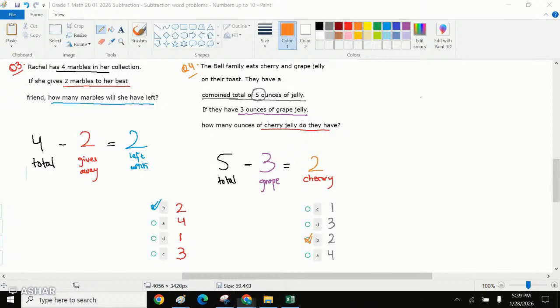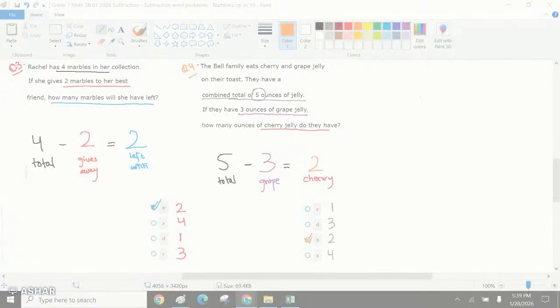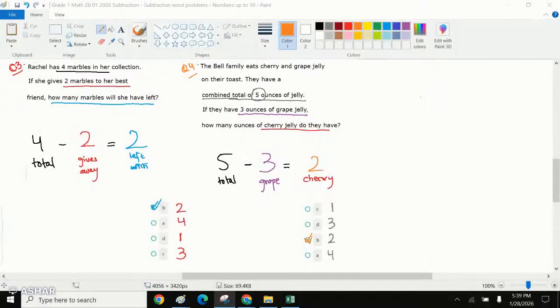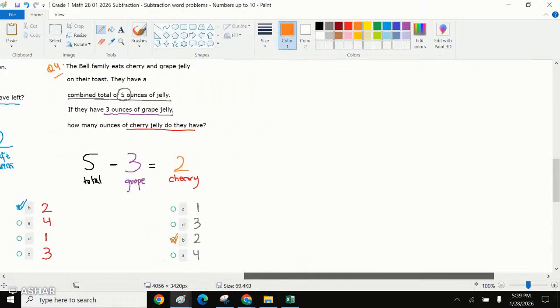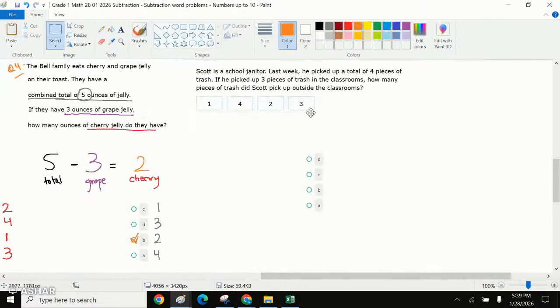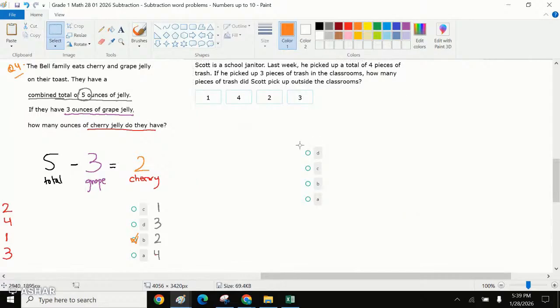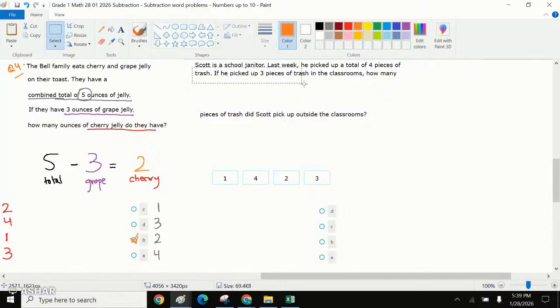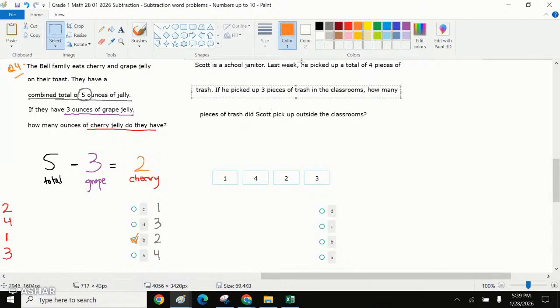Okay, the next question. Let's align this first. So our question number 5 states that Scott is a school janitor. I'll rephrase this. Just a moment, please. Okay, Scott was a janitor.